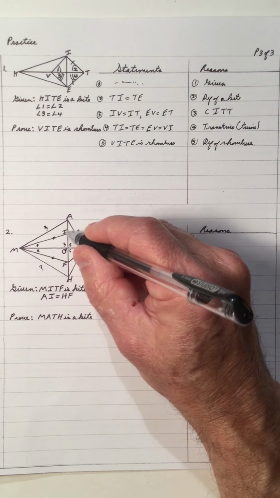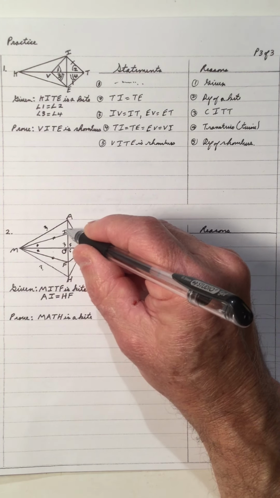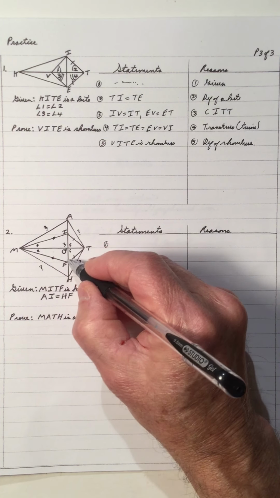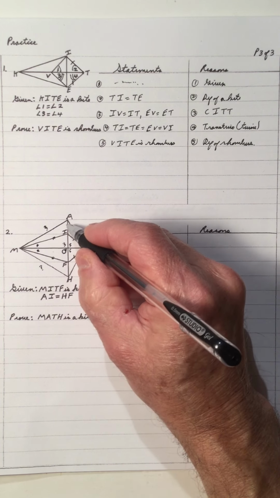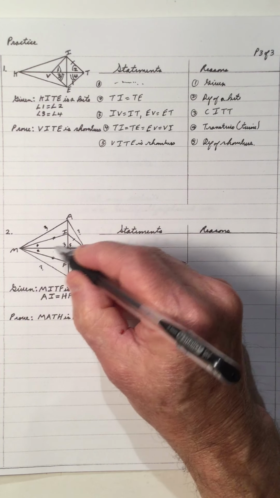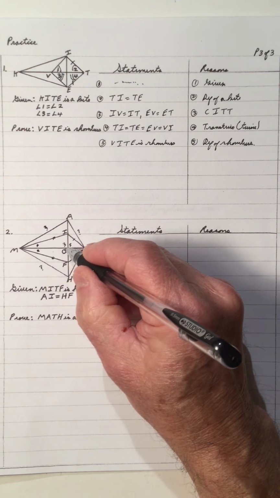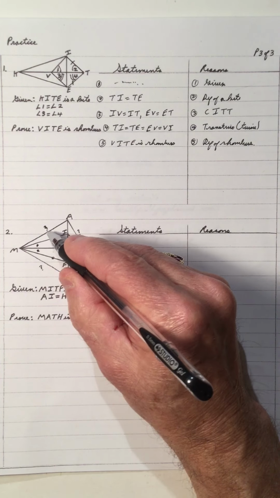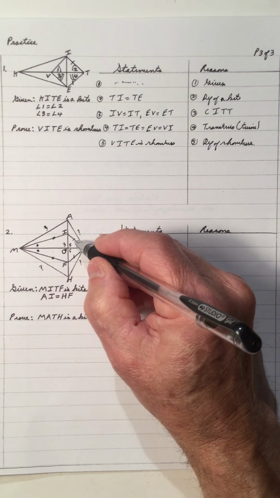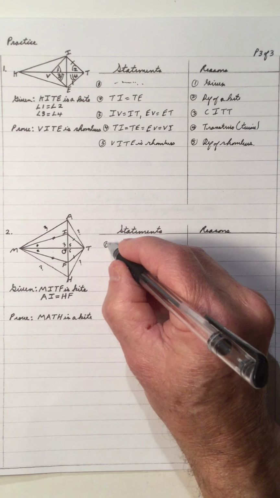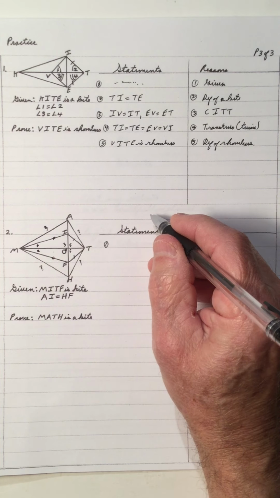If I take IO and add on IA, and take OF and add on FH, then I'll get AO equals HO. So triangle AOM will be congruent to HOM, which gives me these two equal. I'll do the same on this side, only I'll use the angles 5 and 6. That's one way to do it.